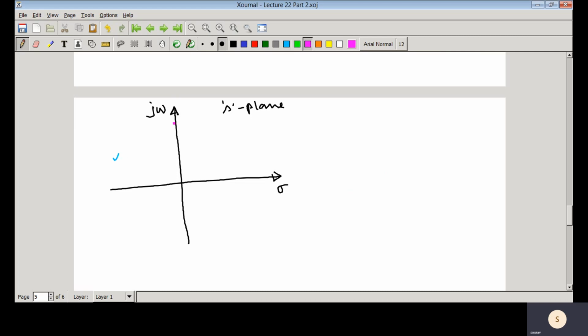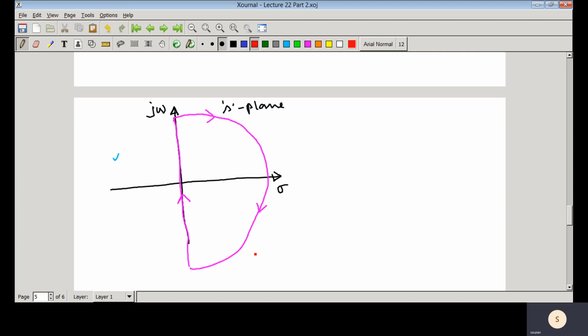So if we take a contour like this, this contour is called the Nyquist contour. It indicates the whole closed right half of the S plane. You can see the direction of rotation; I have taken the clockwise direction. So this is called the Nyquist contour.